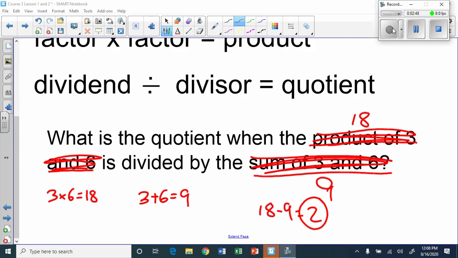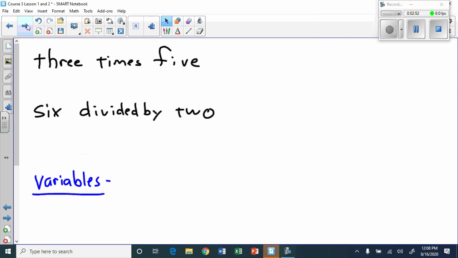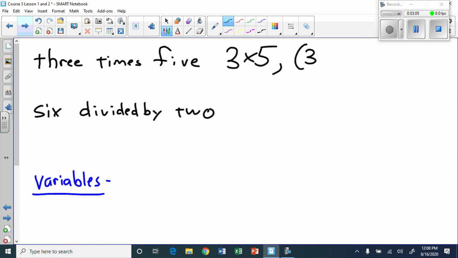Now, another thing as we continue to look through here is that in multiplication, there are different ways to write multiplication. If I had 3 times 5, we could write it with a times sign. We could put parentheses around the 3 and the 5. Sometimes we'll see a large dot between 3 and 5.